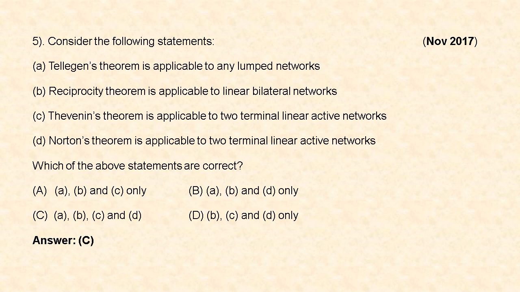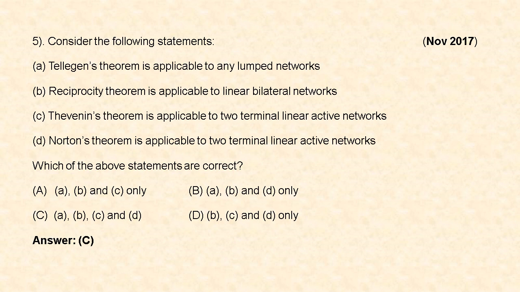They are not distributed in the network. And second one, reciprocity theorem is applicable to linear bilateral networks. Bilateral network means the elements in the network conduct current in both directions. Bidirectional elements are used. For example, a resistor is bidirectional. Current flows through both directions.